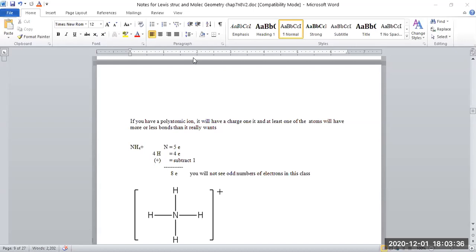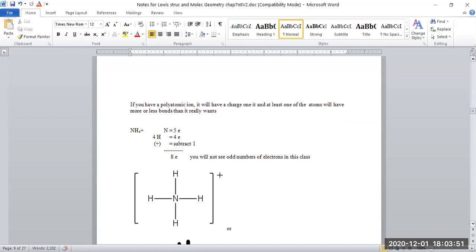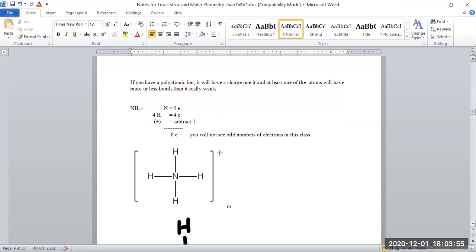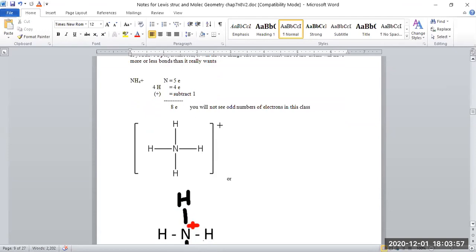Just know that it happens. That's about all that we're going to do as far as addressing it. All the ones that we're going to look at have even numbers. So there's a couple of different ways that you can draw this. And I literally drew one of these with the whiteboard thing just so I could give you a better idea on how it looks.